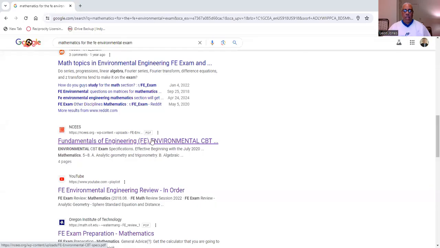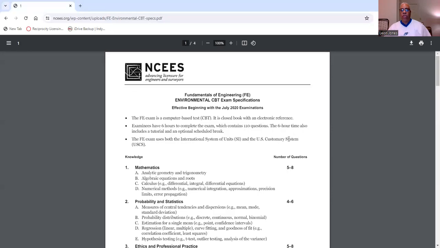Now, there are specifications, and I'm going to share my screen and go over some of them. Let me go into the one that I'm going to take. I'm going to be taking the Fundamentals of Engineering examination for the environmental. This right here that you're looking at, and I'll get into a few of the others in a moment, is the bread and butter.